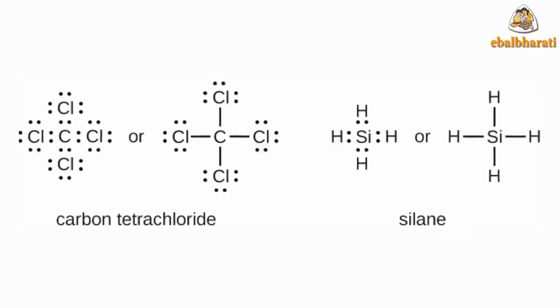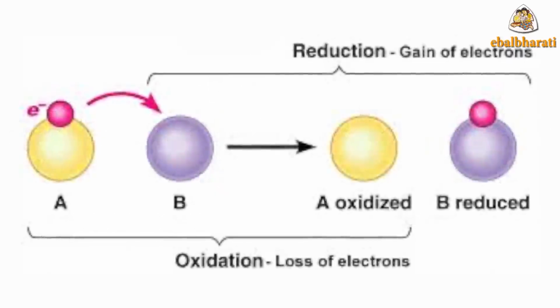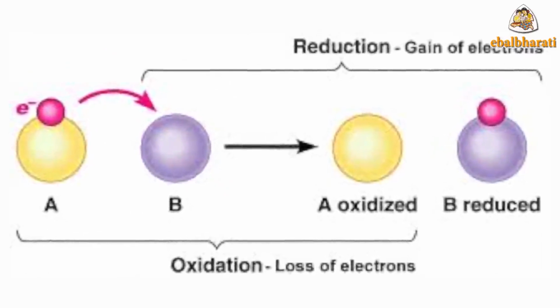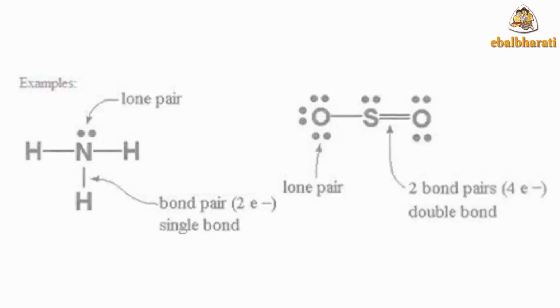This rule states that during the formation of a chemical bond, an atom loses, gains or shares electrons so that its outermost orbit, the valence shell, contains 8 electrons. Therefore, the atom attains the nearest inert gas electronic configuration.